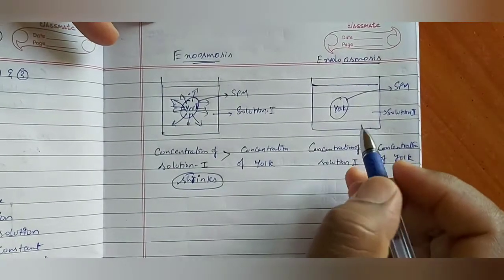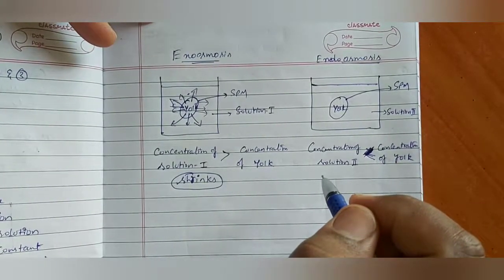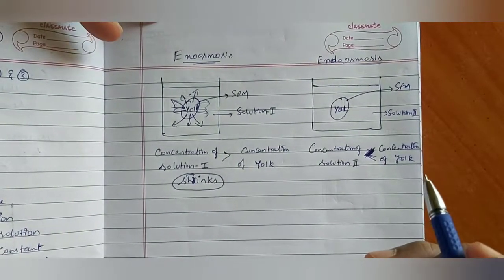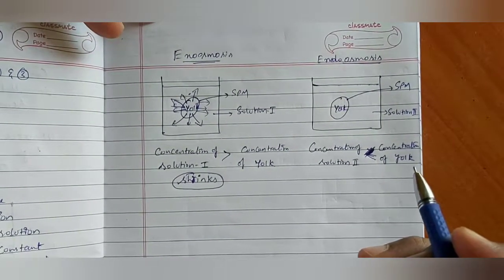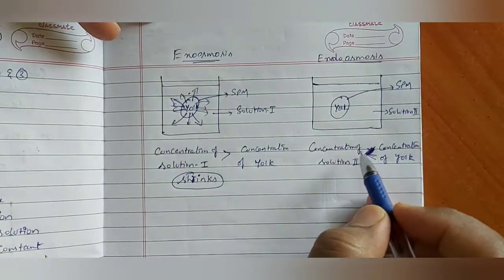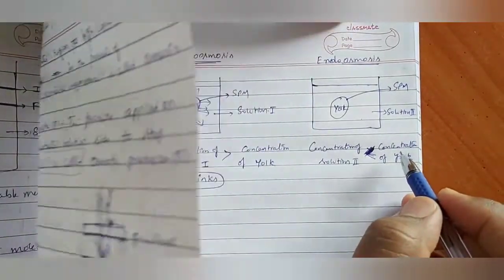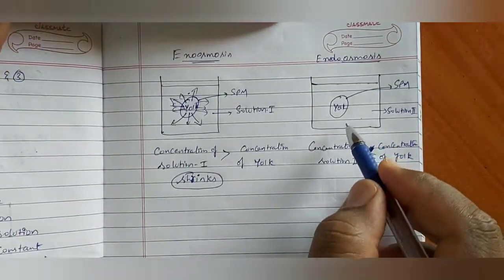SPM. Now which one is low concentrated region? Low concentrated region is solution 2. High concentrated region is egg yolk inside.